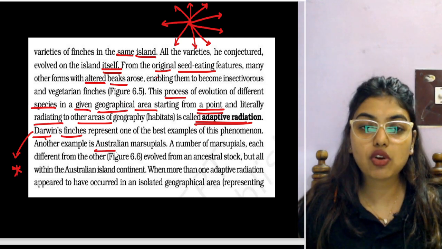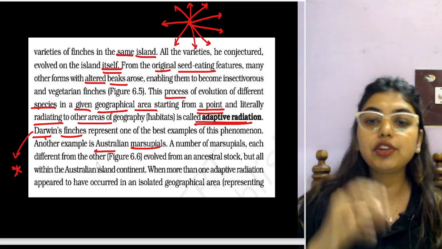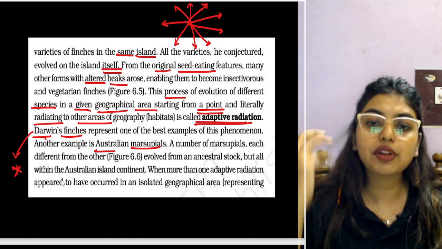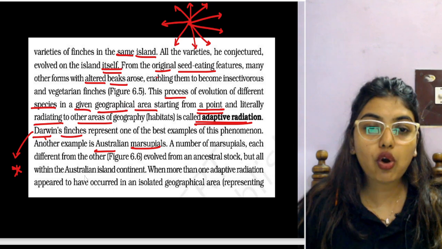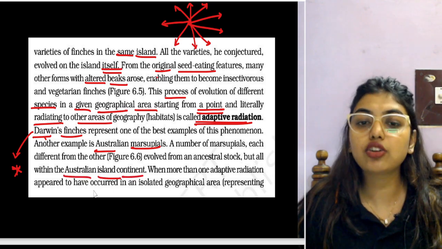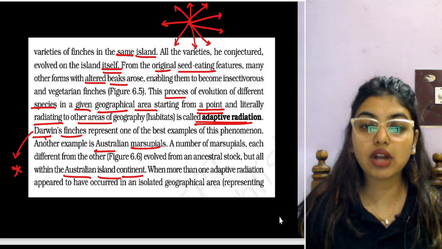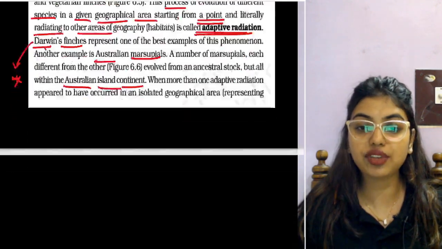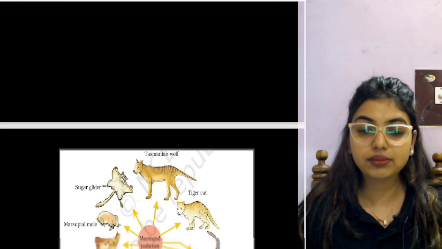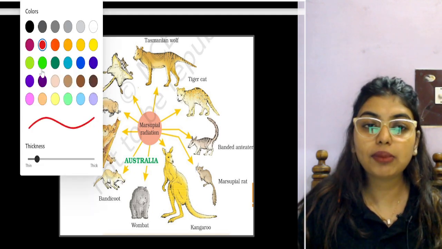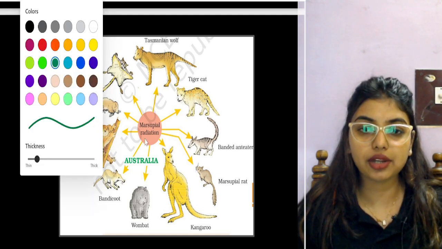Another example is Australian marsupials. A number of marsupials, each different from the others, evolved from an ancestral stock, but all within the Australian island continent, where more than one adaptive radiation appeared to have occurred in an isolated geographic area. So look here, students, you might have to learn this by heart.